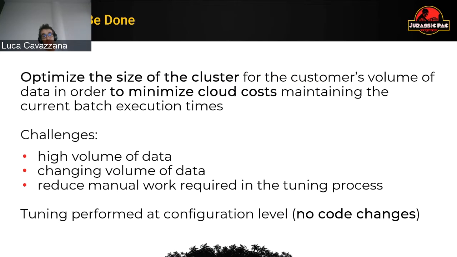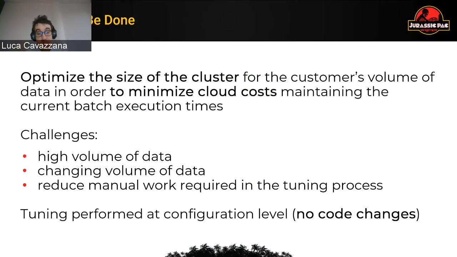Usually the challenges that we have when tuning Apache Spark are the volume of data we have to face, and also the fact that the performance can vary greatly when the volume of data changes, because maybe we have different environments with different characteristics, or maybe for the same environment, the volume of data may change as your business grows.